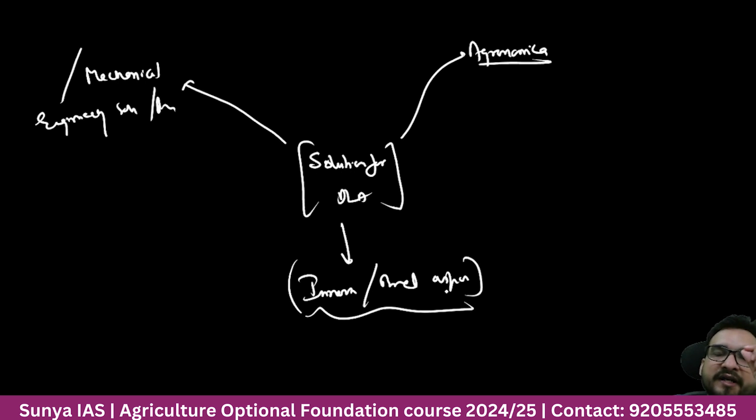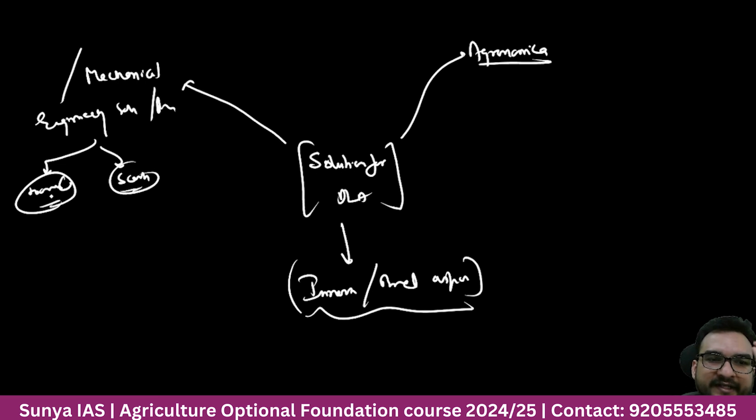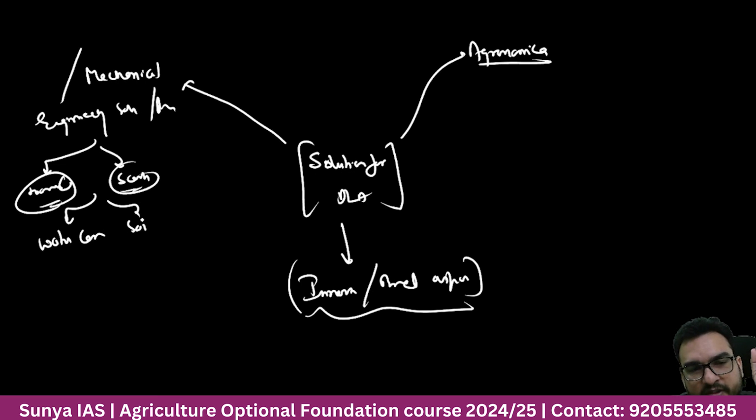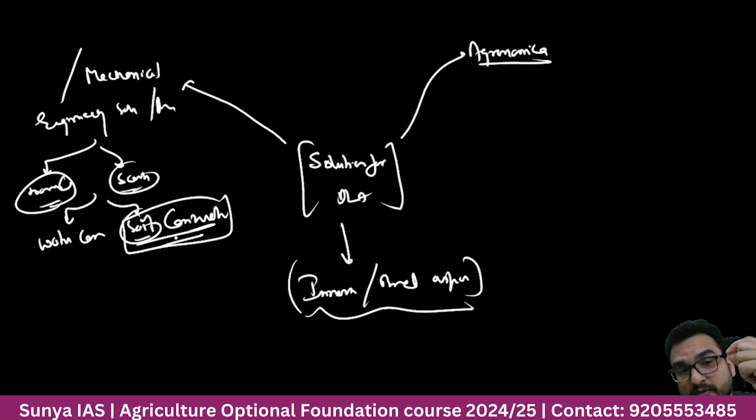Now, first of all, the dryland agriculture problems which you have seen: either I am getting too much rainfall, or I am getting scanty rainfall. Automatically in your mind, two things will come, that we should go for soil water conservation and soil conservation. These things you should definitely go for, right? Now soil conservation, which you will write, is what we have studied in the last class only.